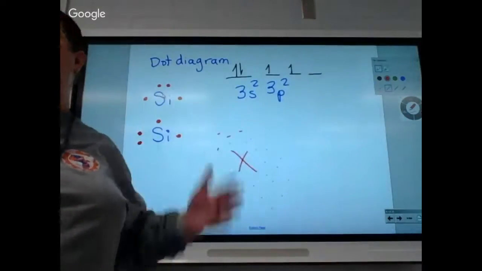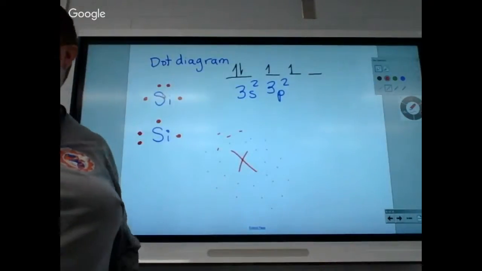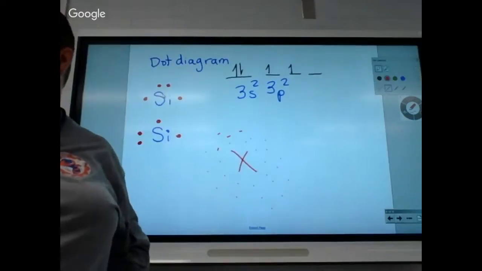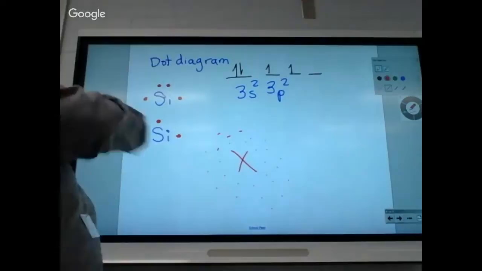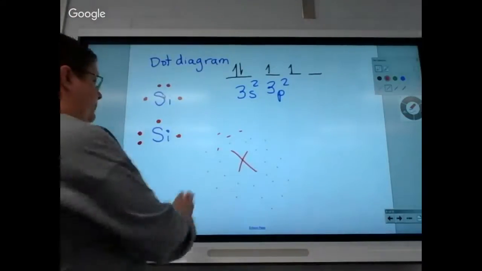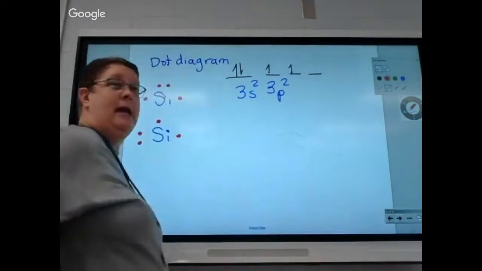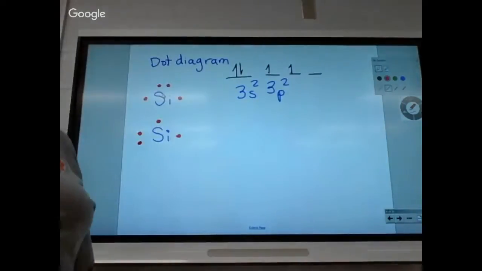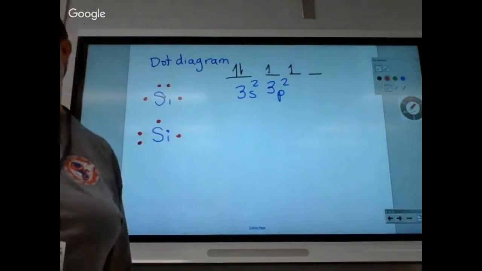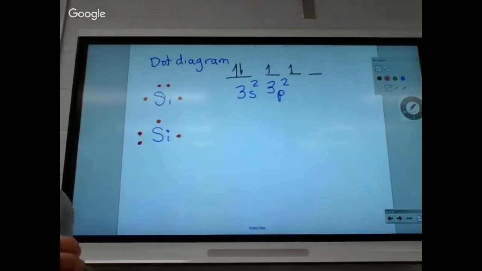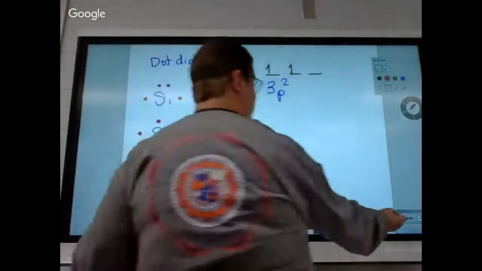You cannot have more than 8. So drawing me 22 dots around a symbol, y'all just missed the boat completely. Okay? Do not draw rings of dots that just spiral around. It doesn't work that way. That's some lunacy there.